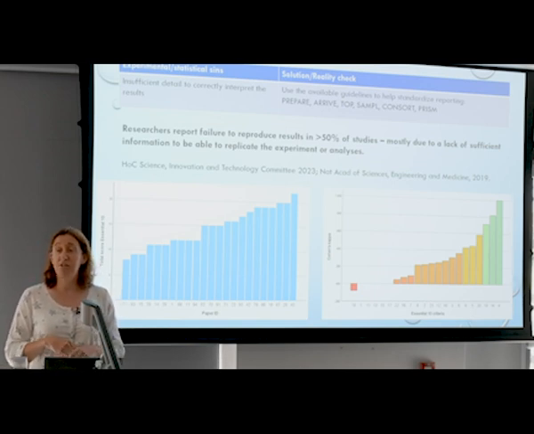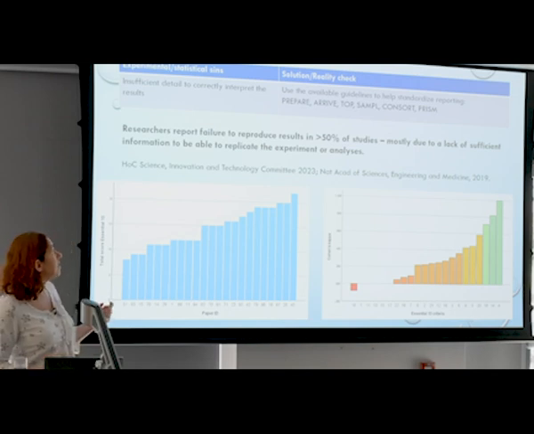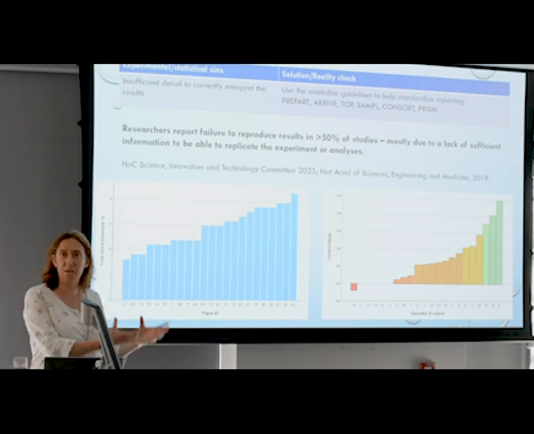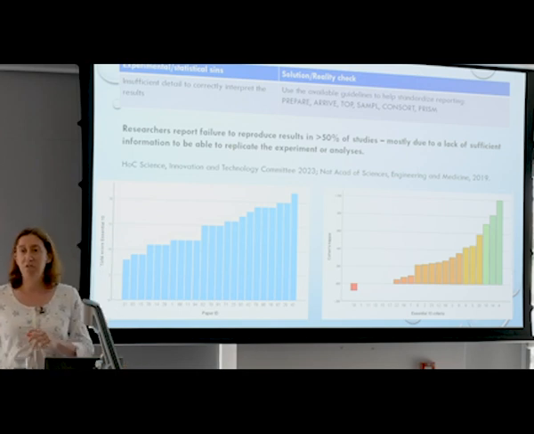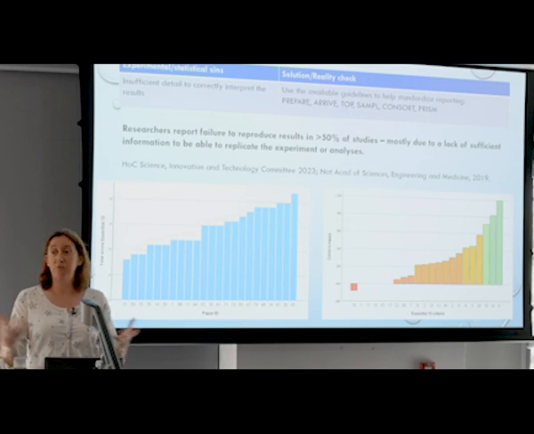So I suggest the solution is for us all to be aware of these guidelines. They do exist, and there's a nice collection of them now. Some of them relate to animal work, some of them relate to statistics and randomized controlled trials. So this is one area where we can all up our game a little bit.